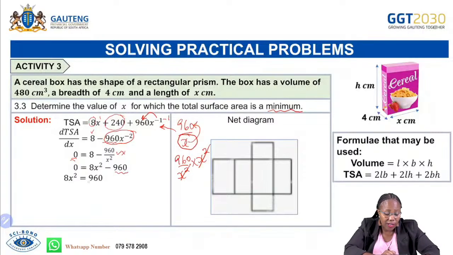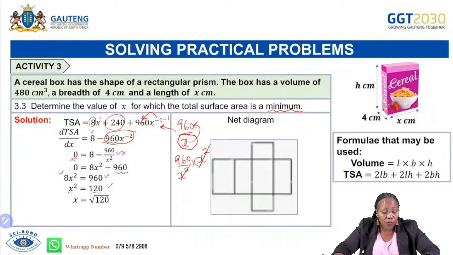Hence, we have 8x squared equal to 960. So next step, we will be dividing both sides by 8. When you divide 8x squared by 8, you end up with x squared. Divide 960 by 8, we end up with 120 there. And then this side will lose an exponent 2. This will gain it as plus or minus the square root of 120.